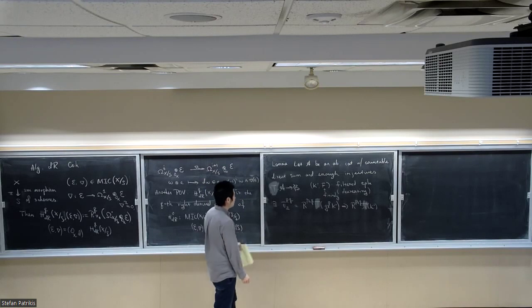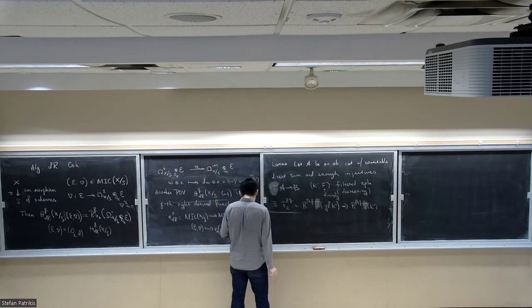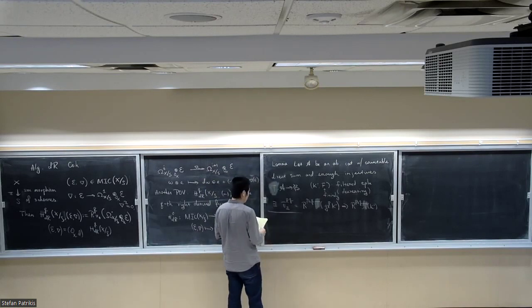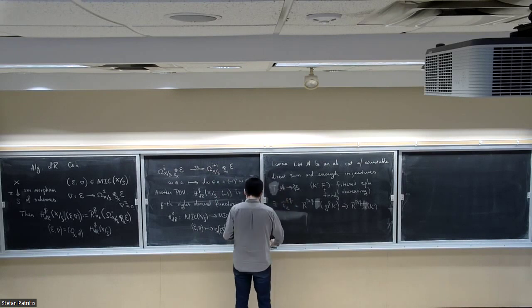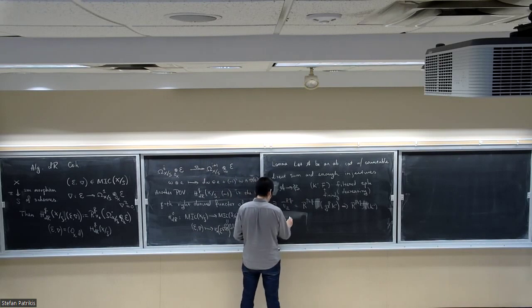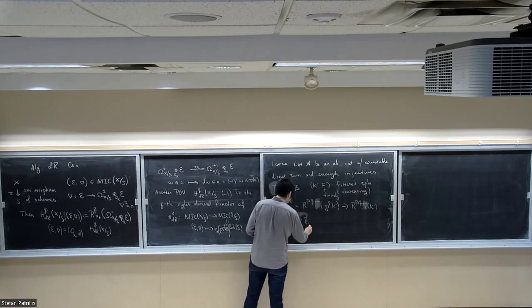Okay, so this is the basic homological algebra that I'm going to use. Sorry, I haven't finished the statement. Moreover, the differential is some very concrete object. The differential on the E1 page goes from E1^{p,q} to E1^{p+1,q}.